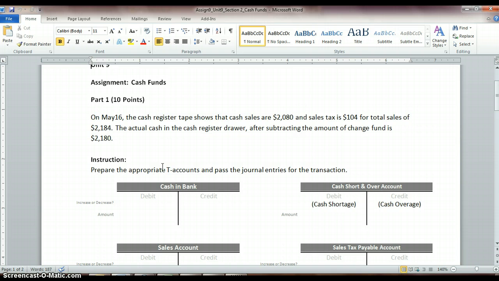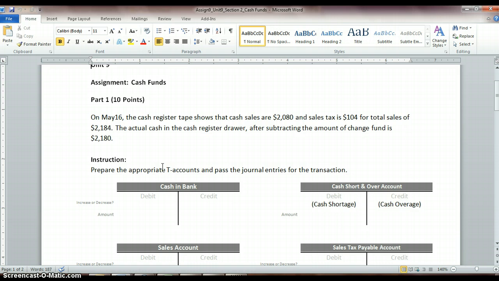So we'd have more cash in the drawer than we were supposed to. An overage isn't so bad, because we put that money towards revenue for our business. But a shortage is kind of an expense for our business. Hopefully your clerks don't make mistakes too often, and if they do, hopefully it's only a small amount.